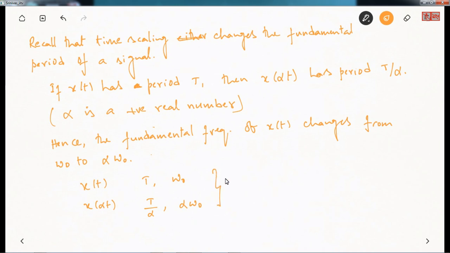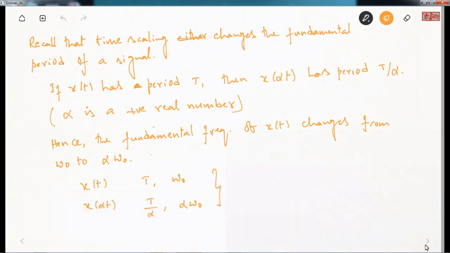So in such a case, what will be our Fourier series expansion of x of alpha t? Let's get back to our Fourier series coefficients.